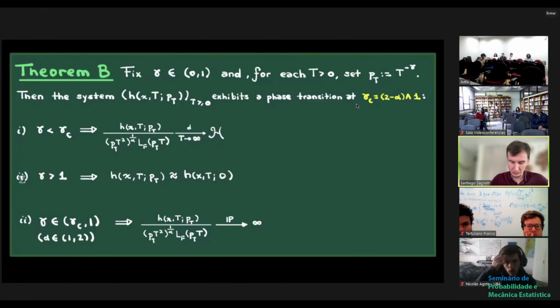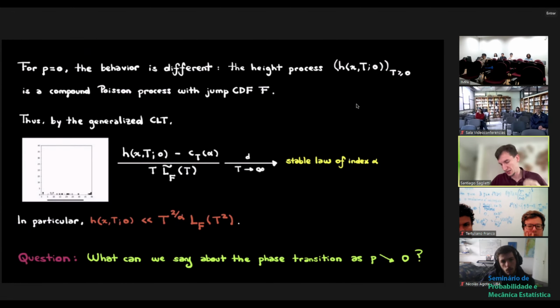Let me say something before I get to theorem B. If you want to think of a phase transition, what theorem A is telling you is that the critical parameter of p is 0, because for positive p you have one kind of behavior, and for p equals 0 you have a different one. To understand what that transition looks like in more detail, what makes sense is to let p go to 0 with t, and this is exactly what we did for theorem B.